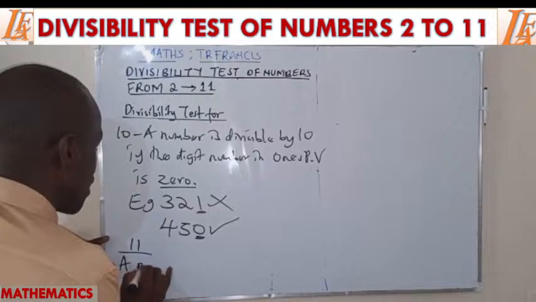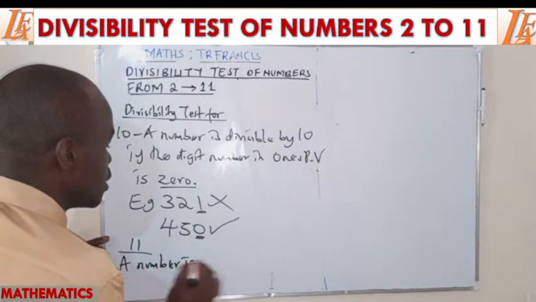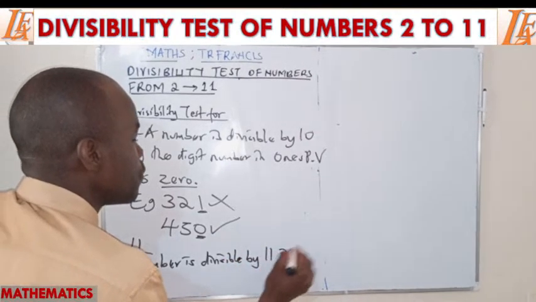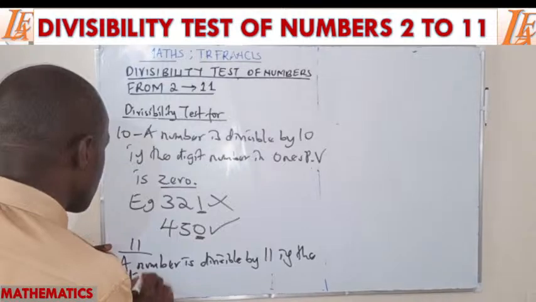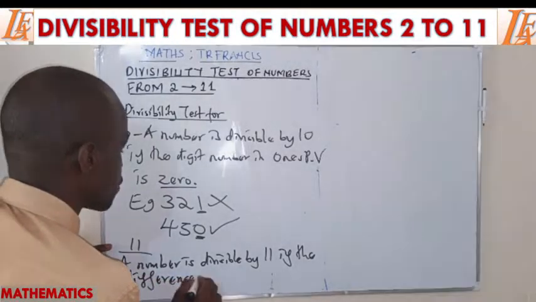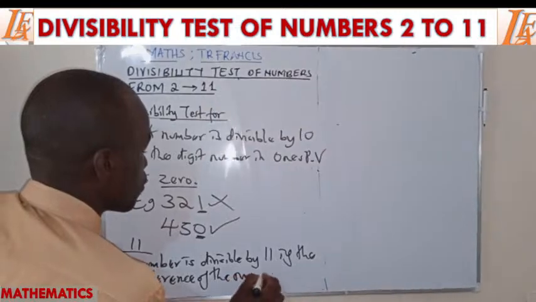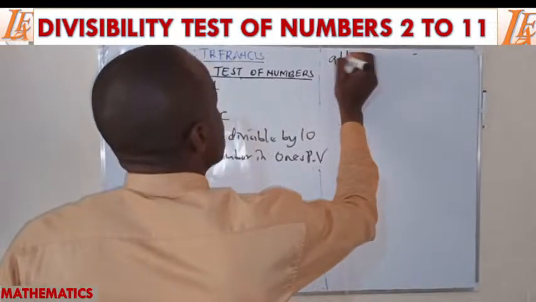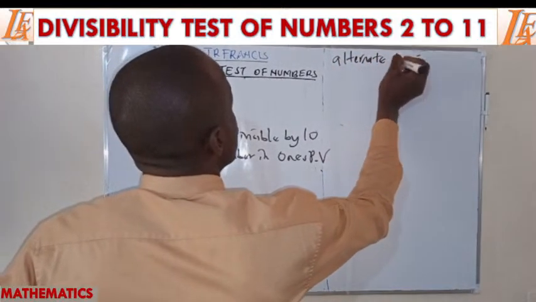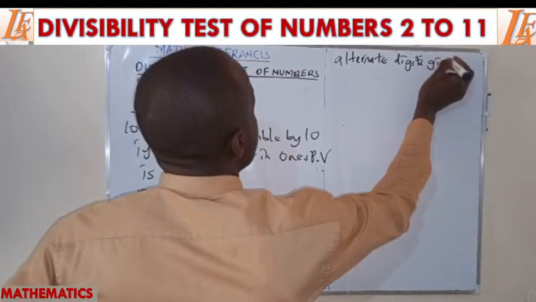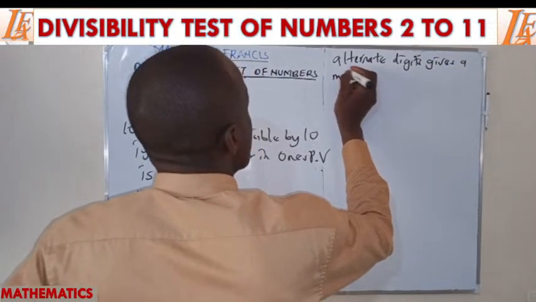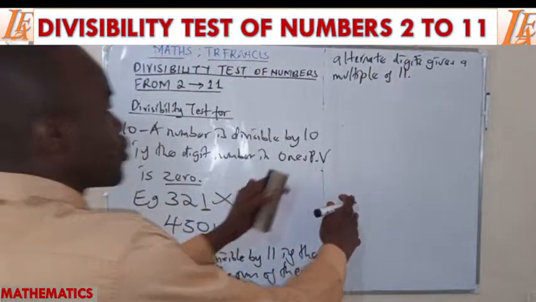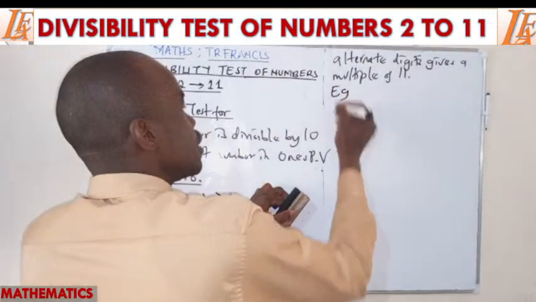So a number is divisible by 11 if the difference of the sum of the alternate digits gives a multiple of 11.